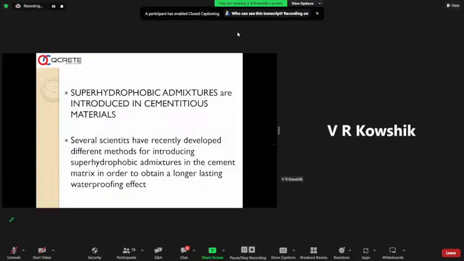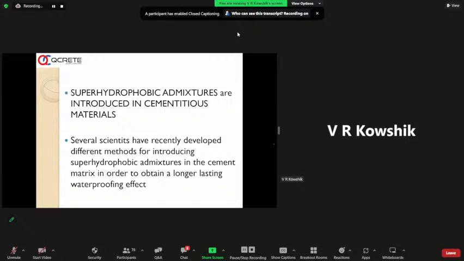A lot of work has been done, especially in some of the universities of US, where super hydrophobic admixtures are being made. So they are trying to imitate the concrete surface, which they're making. It should be something similar to a lotus leaf. Means once water falls, it should repel in such a way that no water stands on the concrete, no water goes inside.